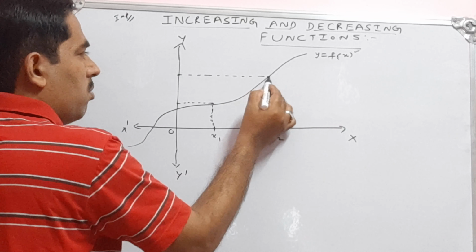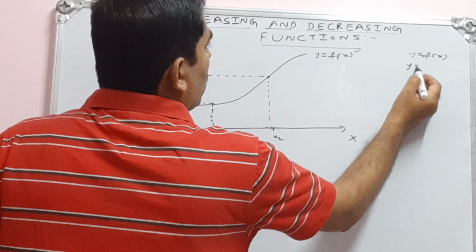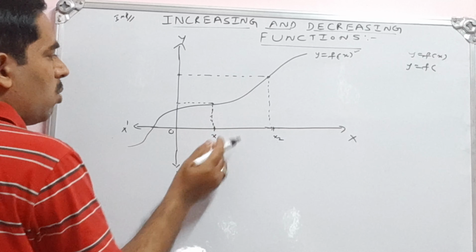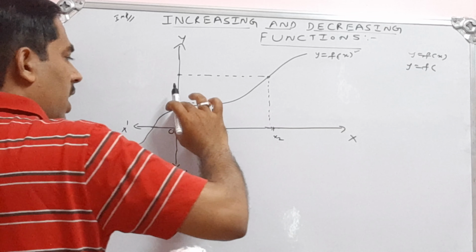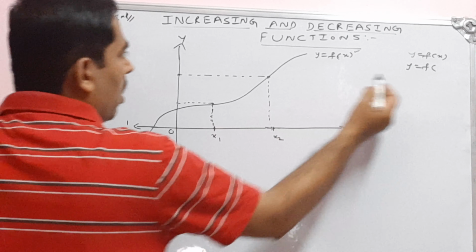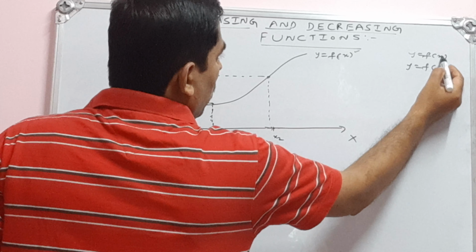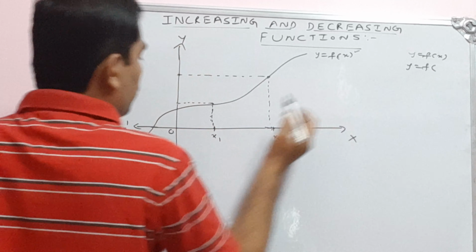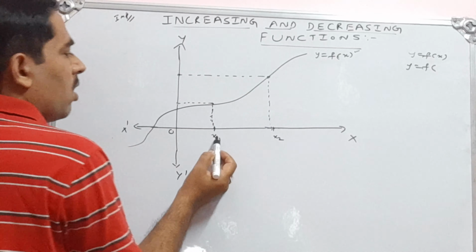We have y is equal to f of x. Consider 2 points. This is the x coordinate, and this height will be the y coordinate. The y coordinate means y is equal to f of x, and x here is x1. So y is f of x1, and I can write this point as f of x1.